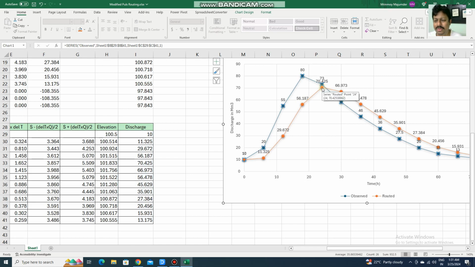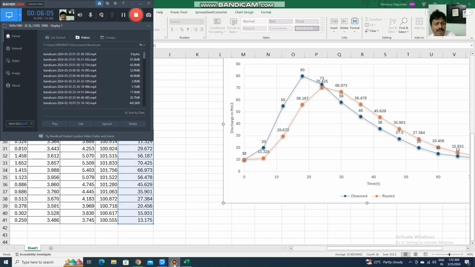Again for this one also drop a perpendicular from this point to the x-axis and you will get the time that the routed hydrograph has taken to reach peak. So the difference is 10, so this 10 is the peak difference or attenuation. Sorry, the magnitude of discharge at the peak, which is the maximum, and that difference is the attenuation.